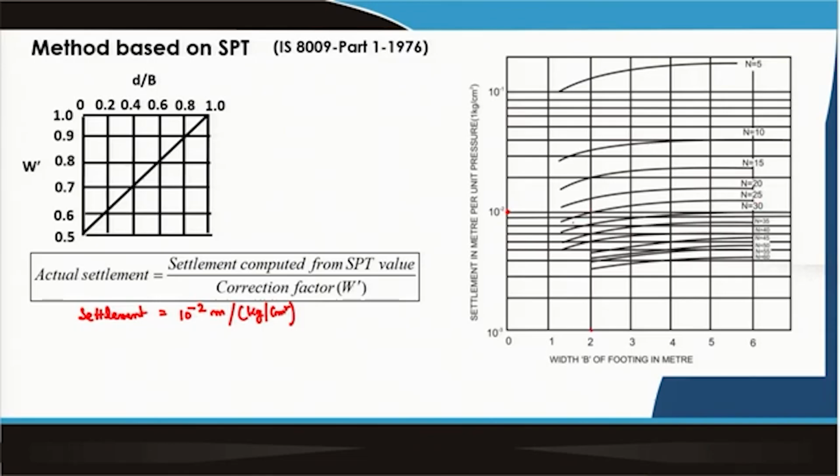So, we will get a settlement of 10 to the power minus 2 meter for 1 kg per centimeter square load intensity.